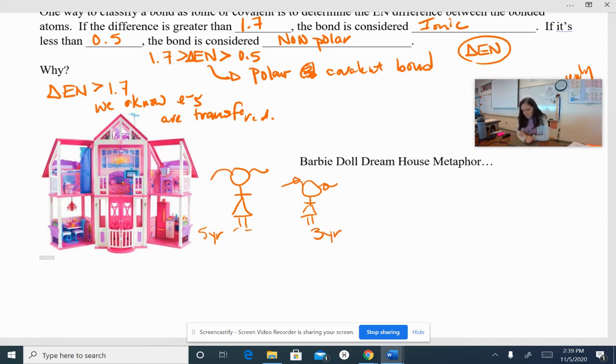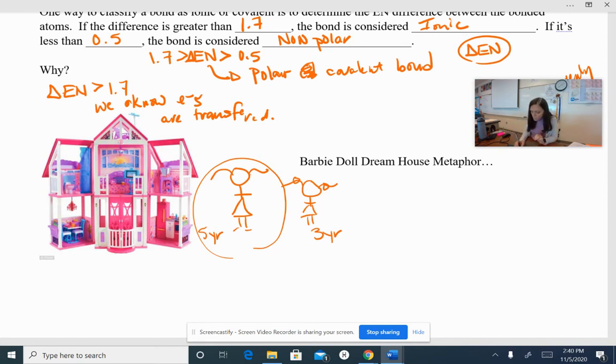Now, most people would say, well, the 3-year-old sister, because your parents are going to intervene and make sure things are shared. What if your parents weren't there? Wouldn't your 5-year-old sister push your 3-year-old sister out of the way and say, no, this dream house is mine? This is kind of like how the atoms fight.